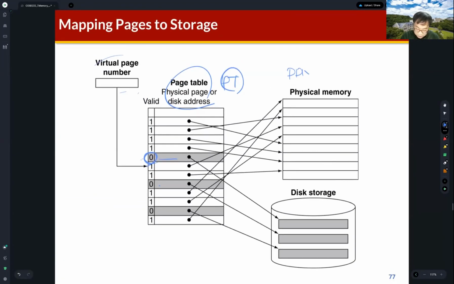I said that the main purpose of the virtual memory system is to use the physical memory space like a cache. That means in this cache, the physical memory space, we need to store the frequently accessed data, right?